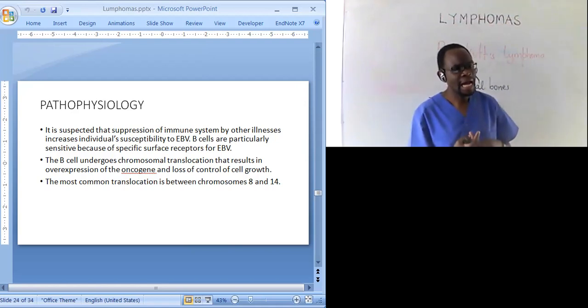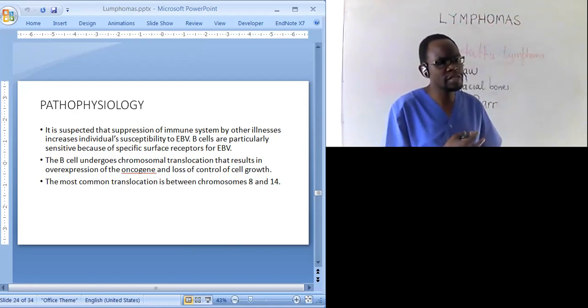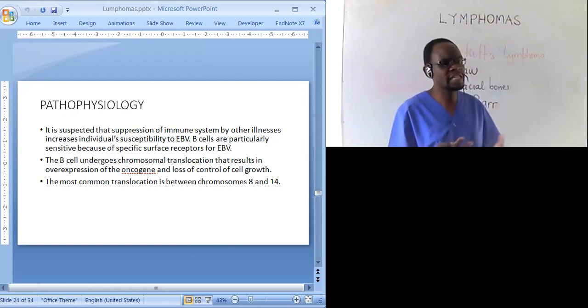So the B cell undergoes chromosomal translocation that results in overexpression of the oncogene.